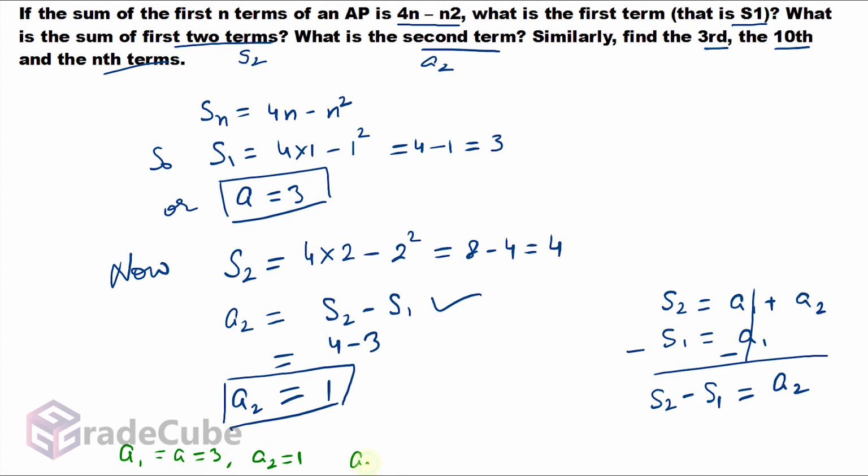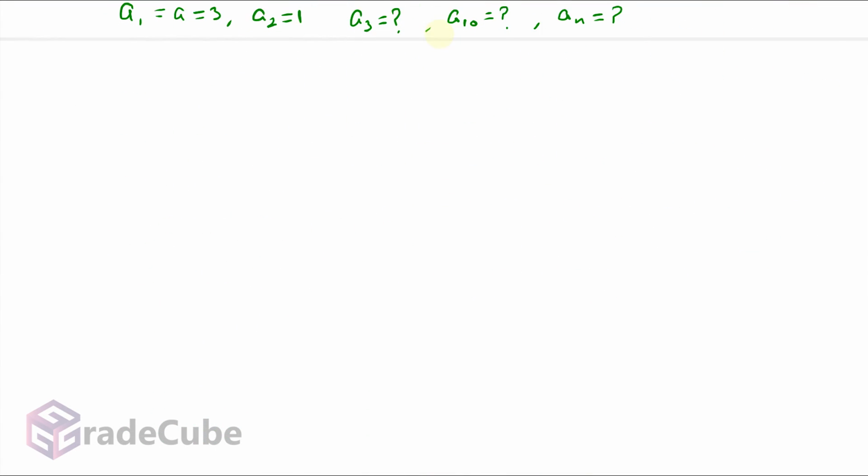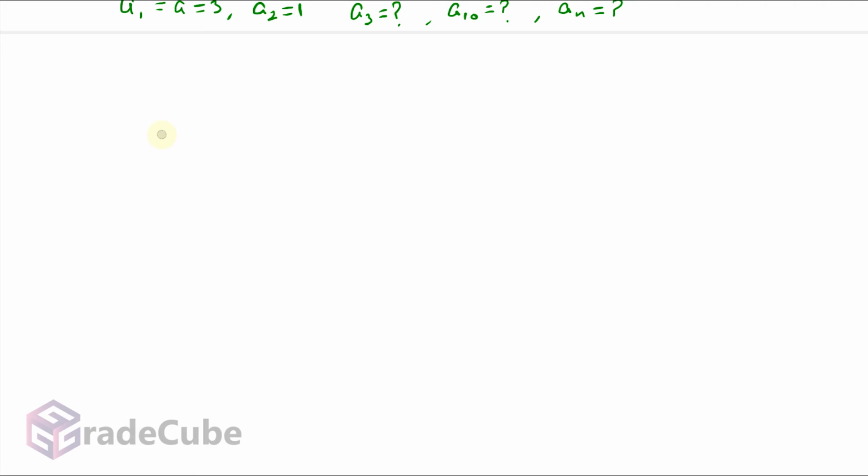So first of all, we will find d, and d, the common difference, is a2 minus a1, which is 1 minus 3, it is minus 2.